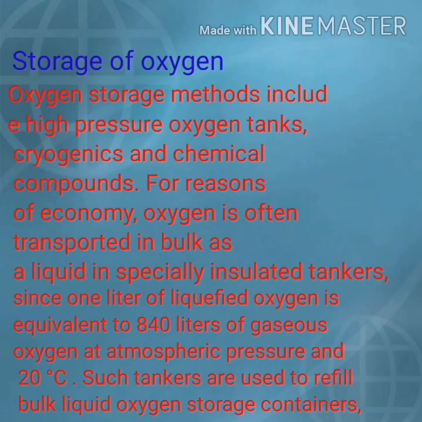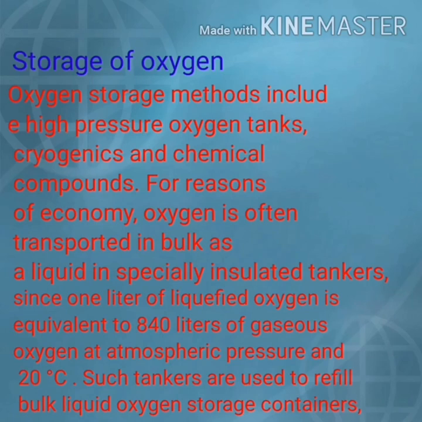Storage of oxygen. Oxygen storage methods include high-pressure oxygen tanks, cryogenics, and chemical compounds. For reasons of economy, oxygen is often transported in bulk as a liquid in specially insulated tank trucks. 1 liter of liquid oxygen is equivalent to 840 liters of gaseous oxygen at atmospheric pressure and 20 Celsius.